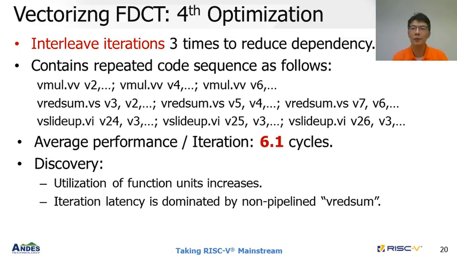The utilization of vector functional units is increased, but the iteration latency is dominated by the non-pipelined reduction sum instructions. At this time, further improvement needs to come from a more drastic algorithm change.